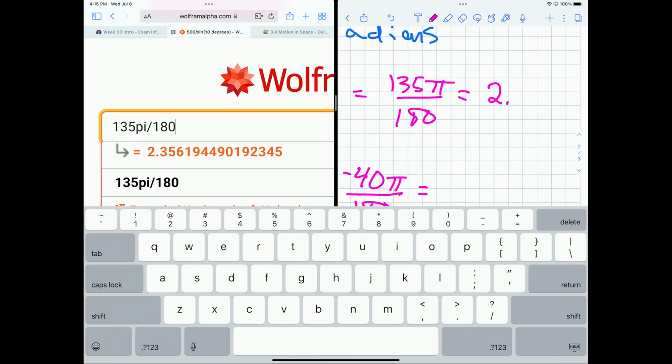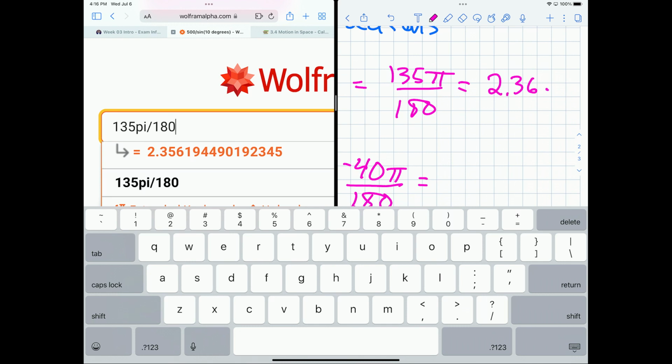So I don't know what I'm supposed to round it to, so I'm just going to write 2.36 radians, that's as a decimal.